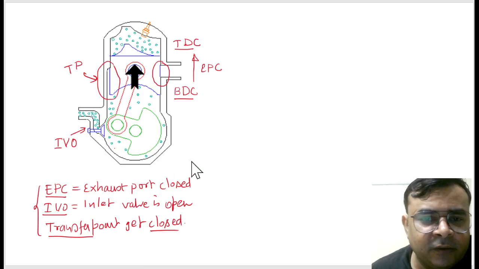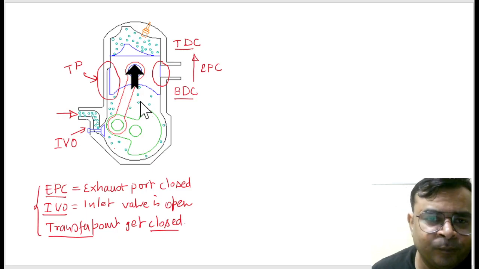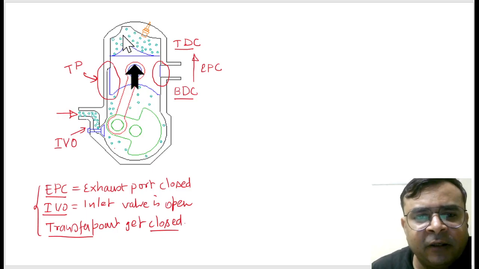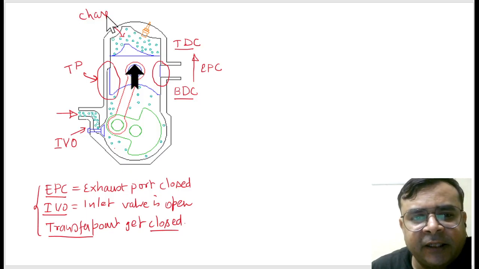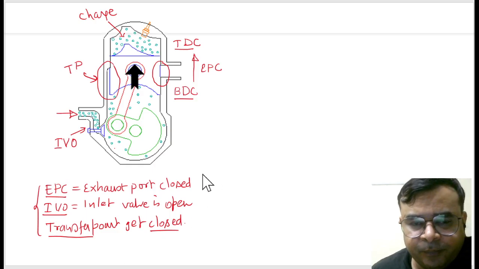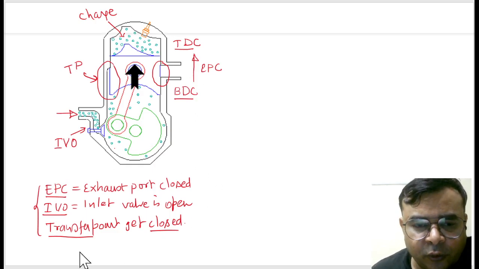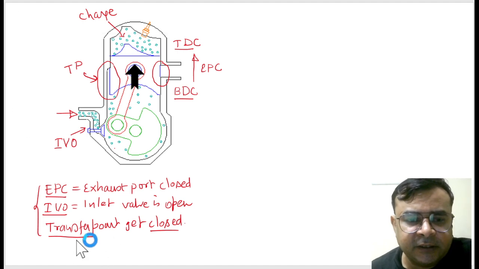Okay, and obviously the fresh charge is coming inside this crank area, and already some charge is available here in the piston cylinder arrangement. So this charge gets compressed. Okay, so during this process, this is stroke 1. Are you getting this?